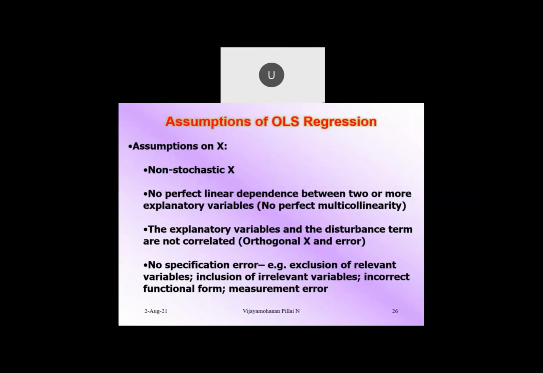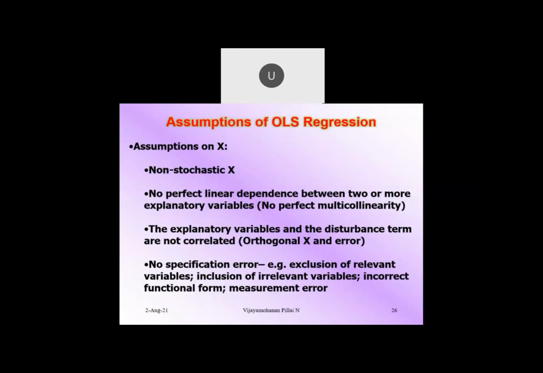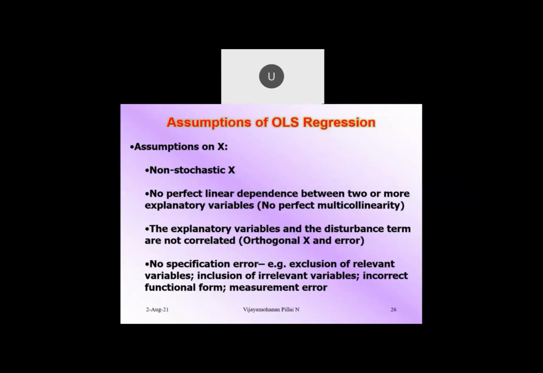We will come to all these assumptions later. So these are the OLS assumptions, and only if these assumptions are satisfied, the OLS estimate becomes BLUE, that is, best linear unbiased estimate.